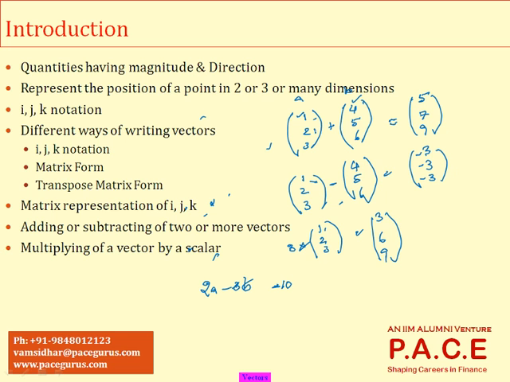Again, 2A is 4, 3B is 15, 4 minus 15 is minus 11. Similarly here, 2A is 6, 3B is 18, 6 minus 18 is minus 12. So this becomes 2A minus 3B.